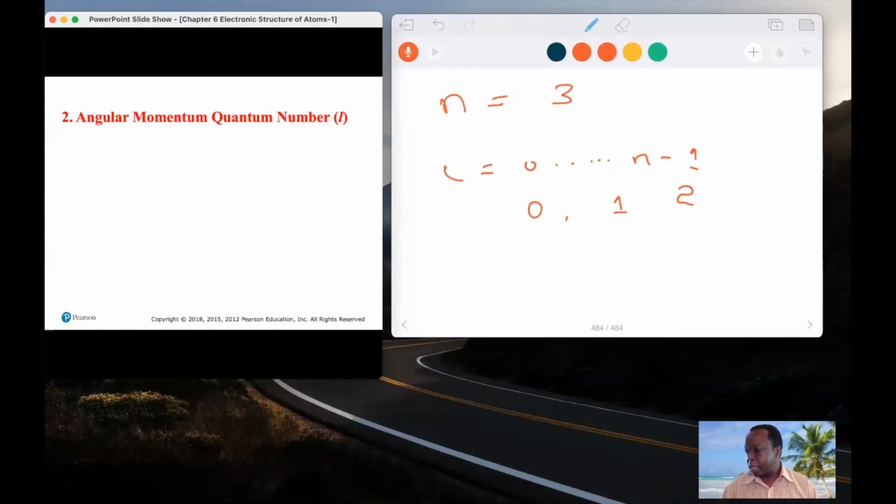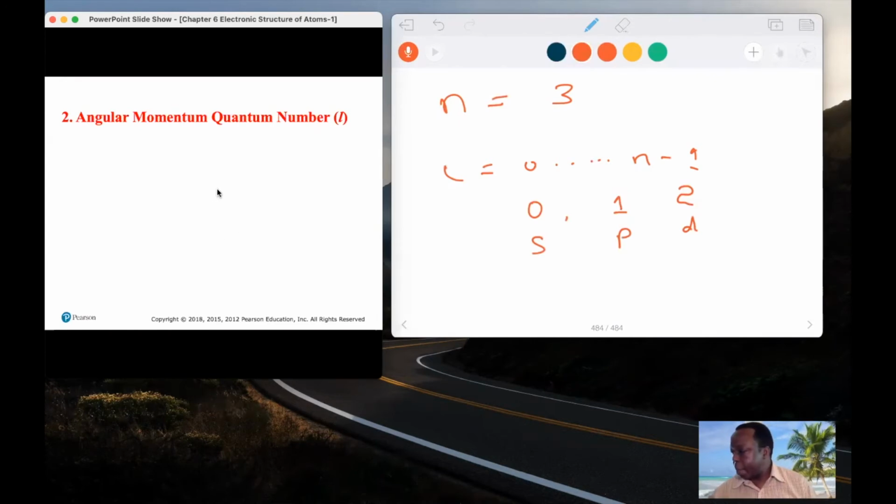So this is s, p, d: 0, 1, 2. That's how you find the angular momentum.